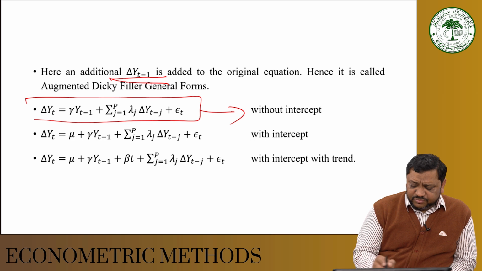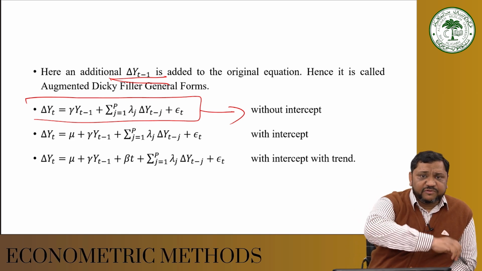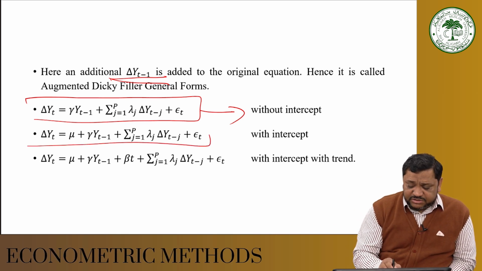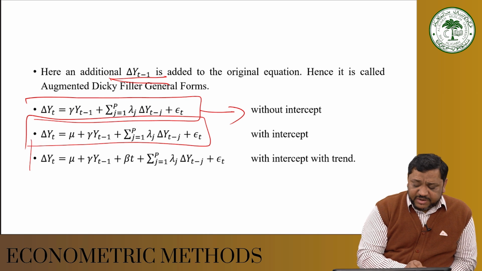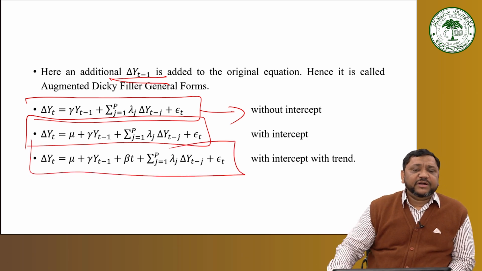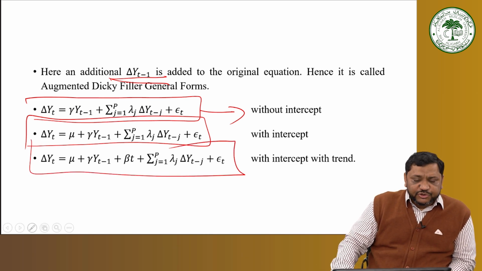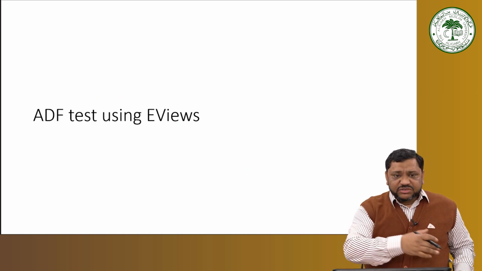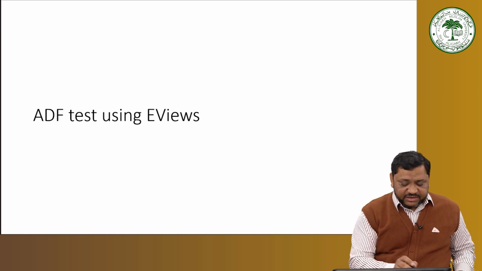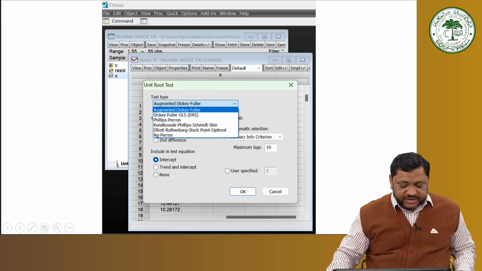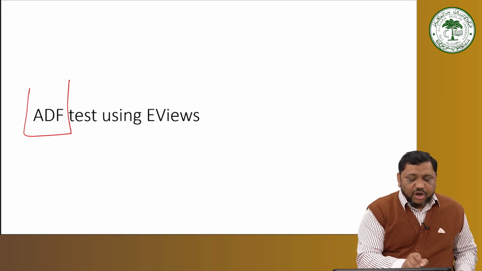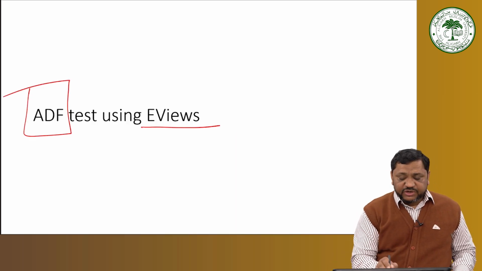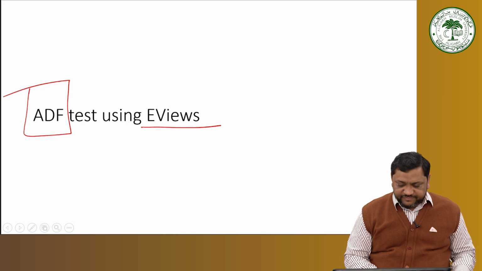This is how we can modify our Dickey-Fuller: this one is with intercept, and this one is with intercept and trend. The process we have discussed, significance testing using the augmented Dickey-Fuller test, we will do with the help of eViews.